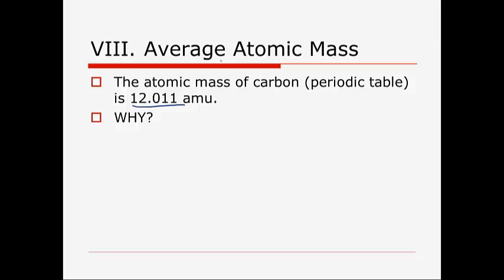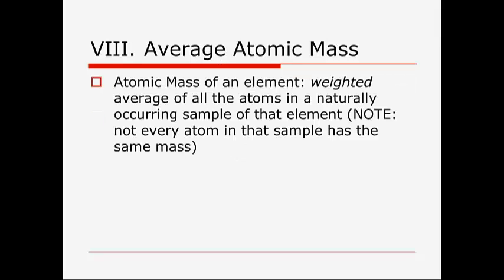Well, the average atomic mass of an element, this is what you see on the periodic table, is not just simply the average of the weights of each isotope. It is the weighted average. Not every atom in that sample has the same mass.